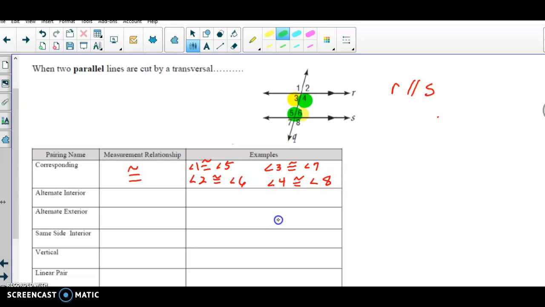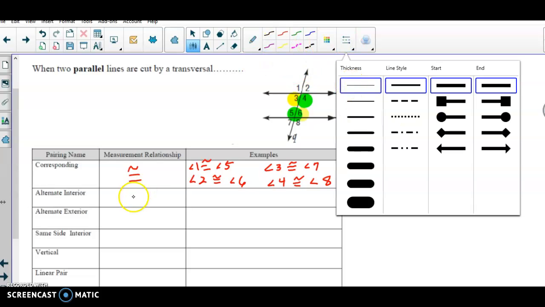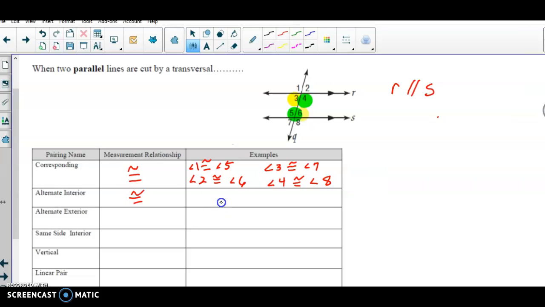Those angles are going to be congruent to each other as well. So angle 3 will be congruent to angle 6. Angle 4 will be congruent to angle 5.